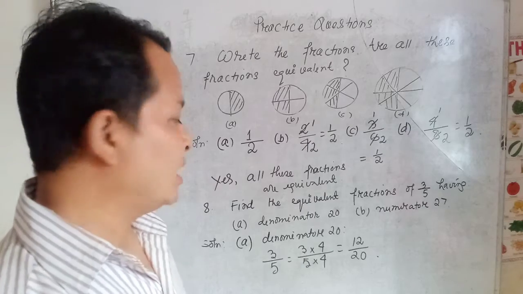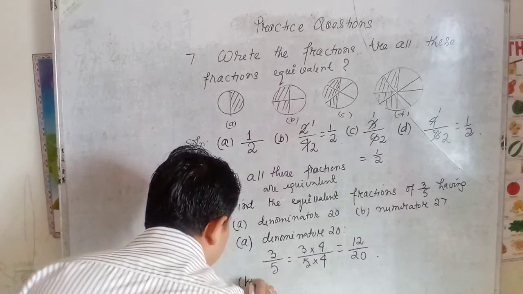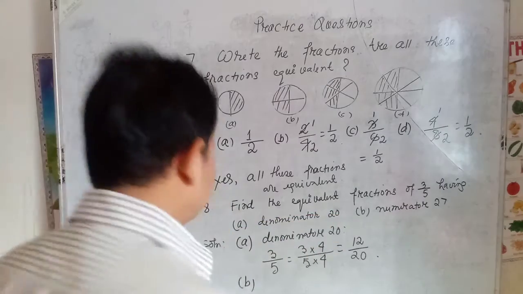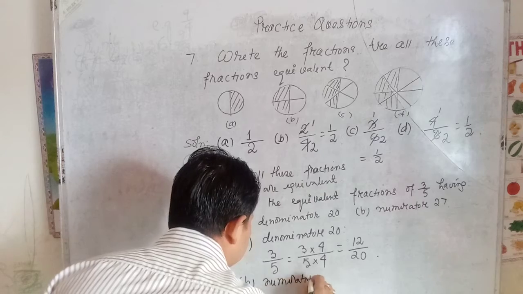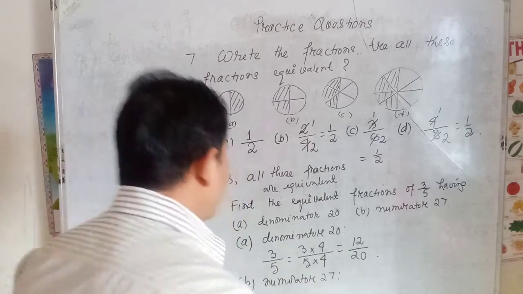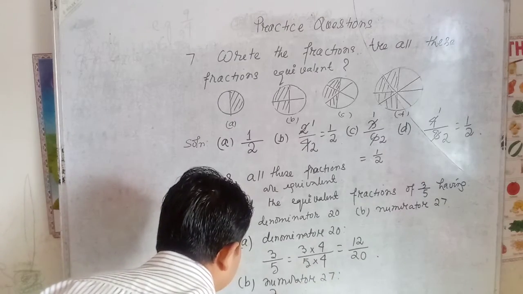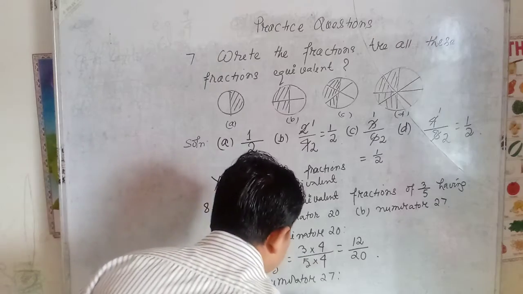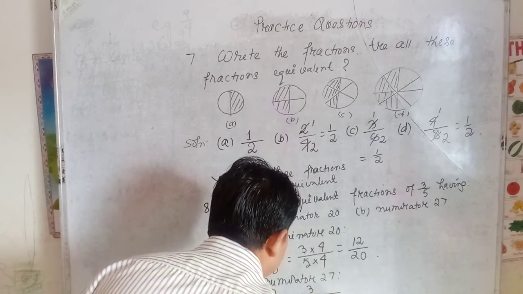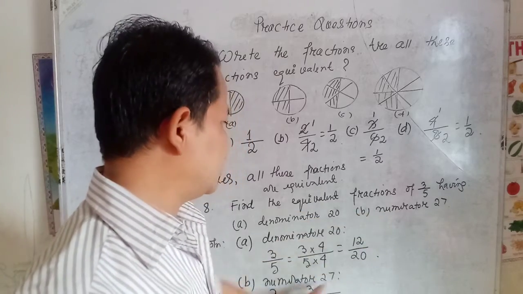Like this we can have B. In question B, that is numerator 27. In this question also, we have to write the same fraction 3/5. Now we have to convert this numerator 3 into 27.